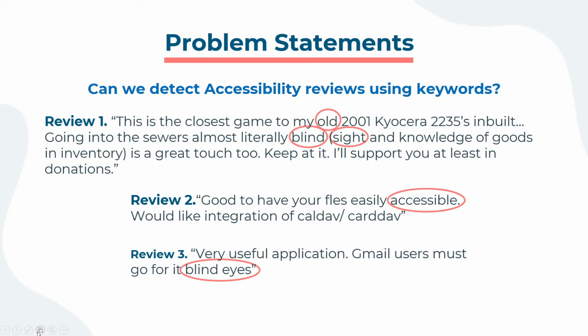These keywords may indicate that this is an accessibility review. But if we pay very close attention to those reviews, we quickly realize that these are used out of context and do not represent accessibility reviews. This is exactly the problem that we are trying to solve here: being able to distinguish the reviews that are about accessibility, regardless of whether they contain accessibility keywords or not.